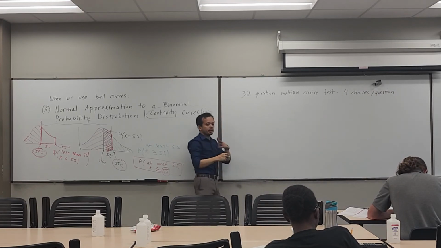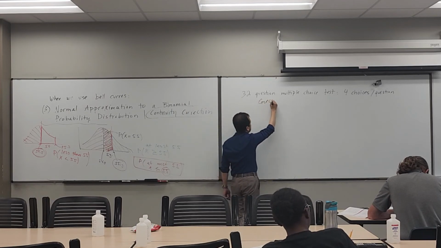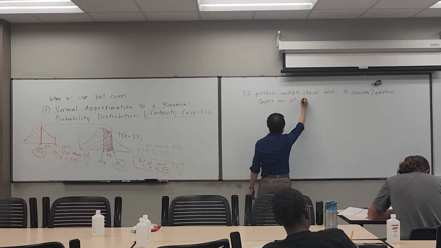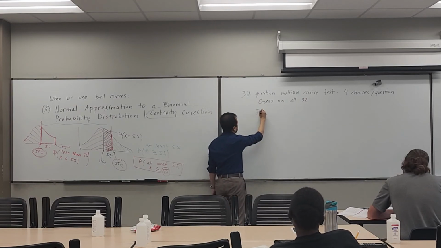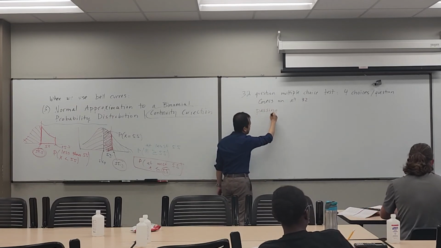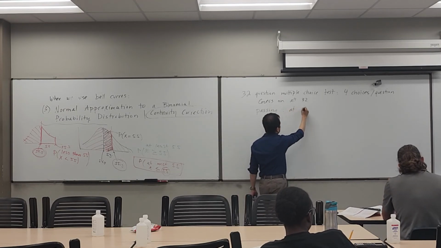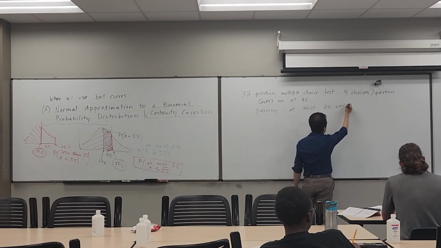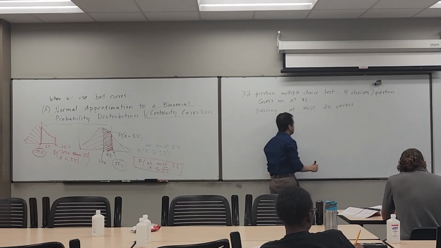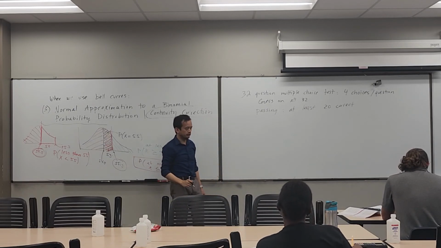And let's say that you randomly guess on all 32 questions. Let's say that passing means that you have to get at least 20 questions right. So the question is, what's the probability you'll pass if you guess on all 32 questions?